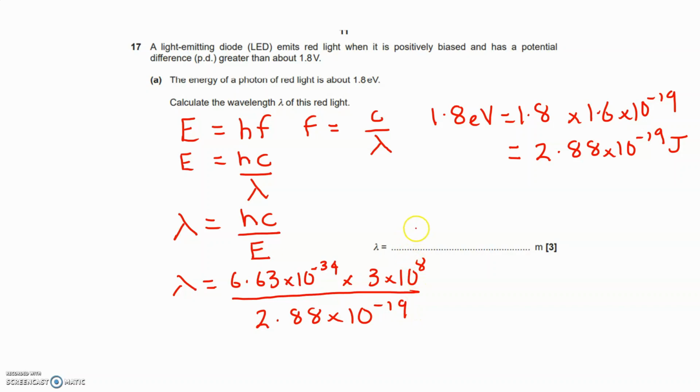If you calculate that, that gives us 6.9 times 10 to the minus 7 meters, which is what you would expect for the wavelength of a photon of visible light. I've written the final answer to 2 significant figures because the minimum number of significant figures used in the data in the question was 2.